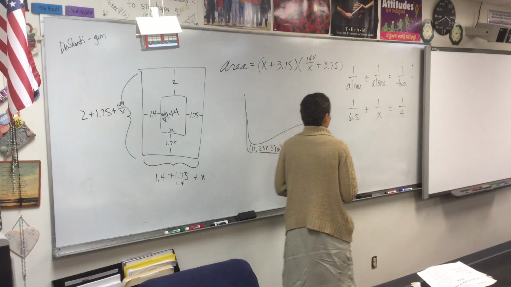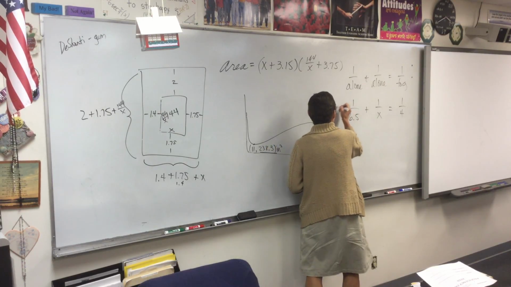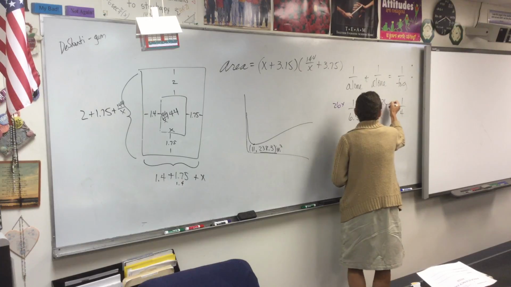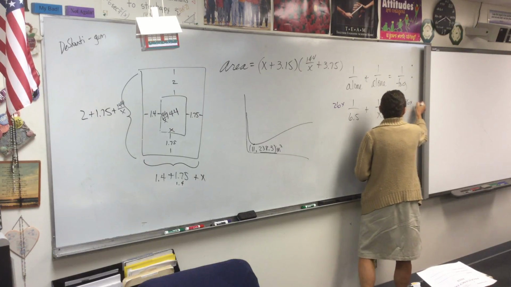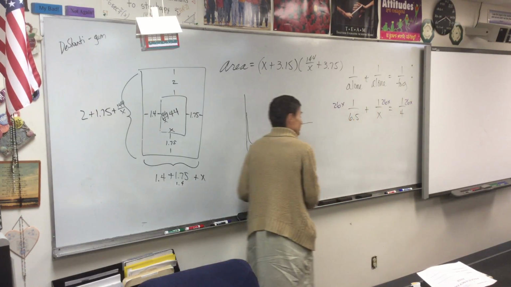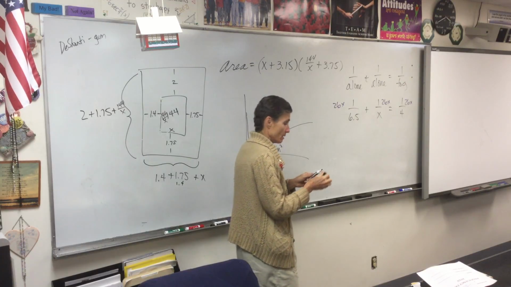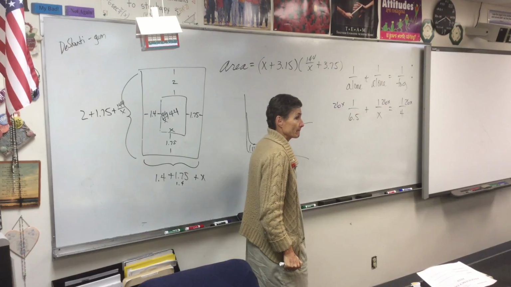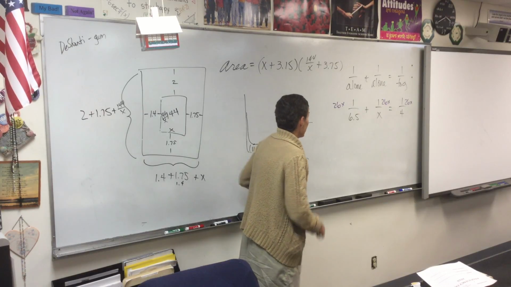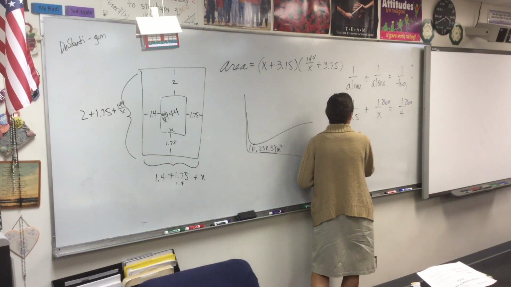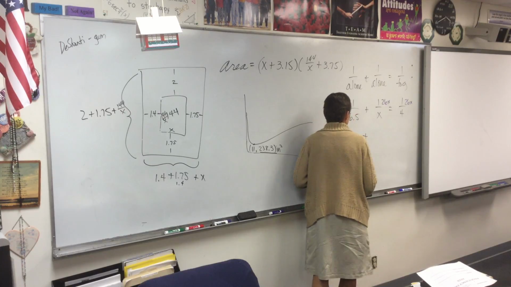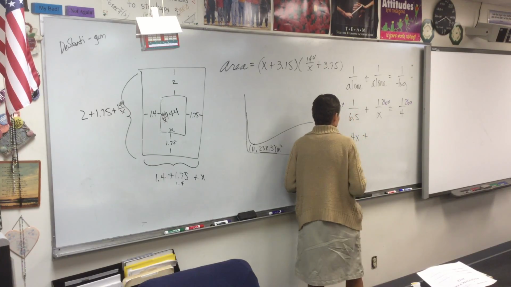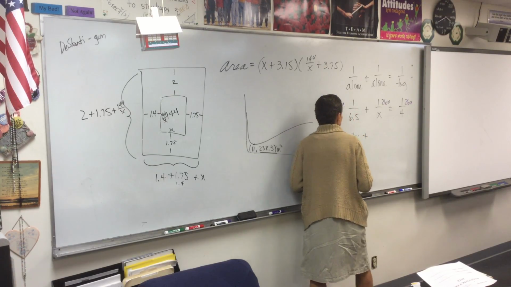Personally, I'm going to multiply through by 26x. Now, why am I multiplying through by 26x? Of all the numbers in the world, it's the common denominator, right? So this is going to leave me with 4x. The 6.5 goes into 26 4 times.